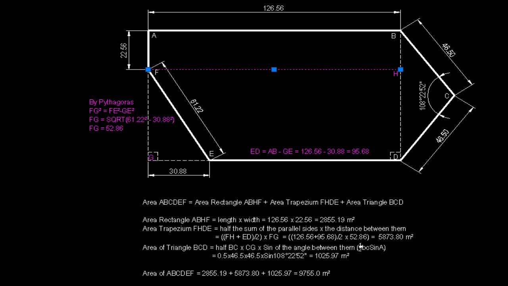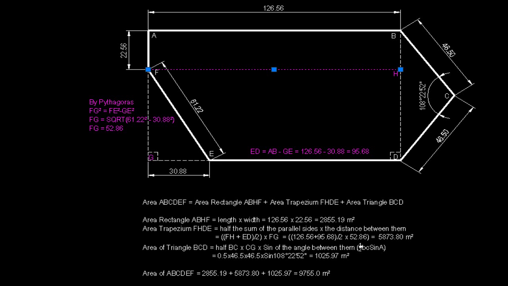So first up, the area of rectangle ABHF, area of a rectangle, length times width, in this case 126.56 times 22.56 equals 2855.19. So quite simple to verify that.